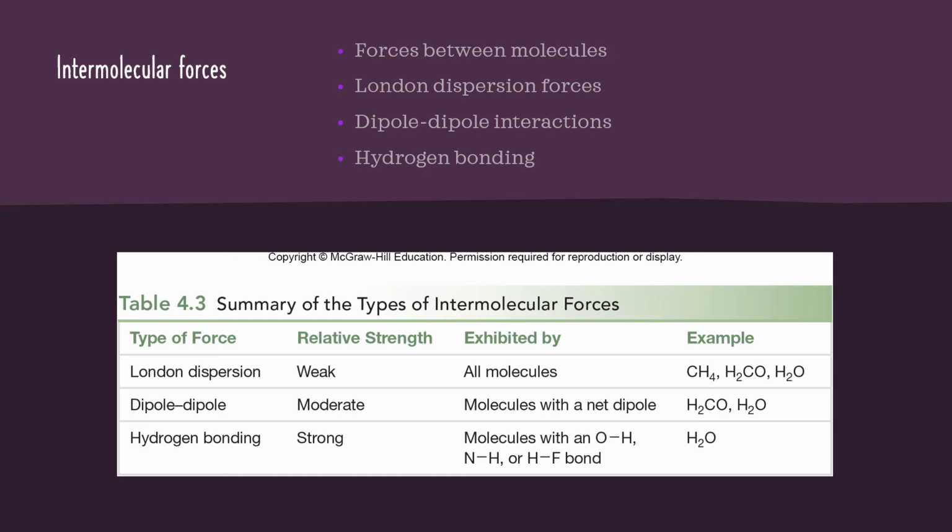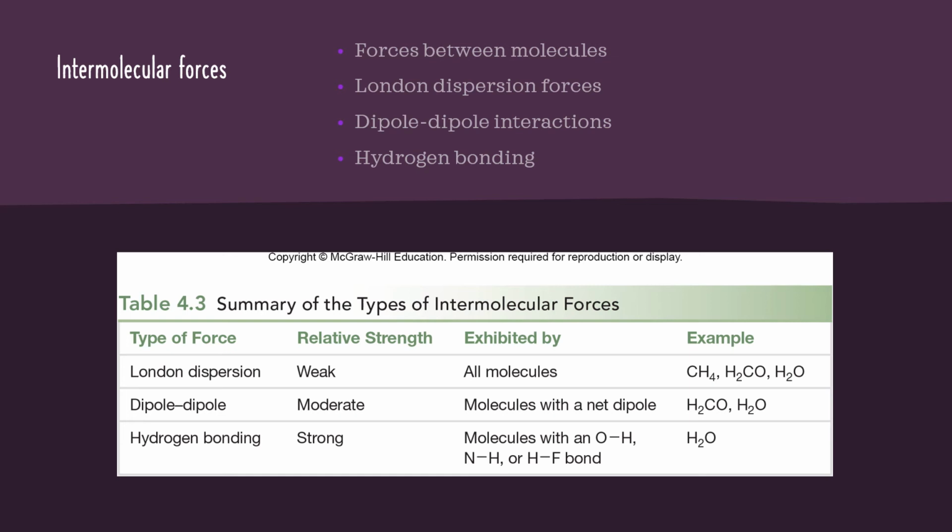London dispersion forces are the weakest of these intermolecular forces. So if there are London dispersion forces occurring between molecules, the molecules are held together very loosely. This is exhibited by basically all molecules. Any molecule out there in the world can have London dispersion forces.